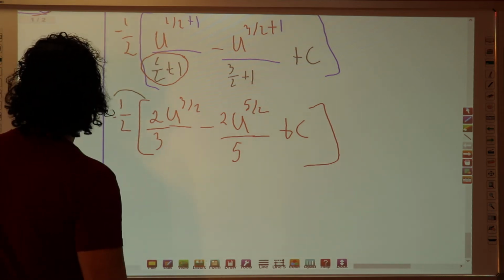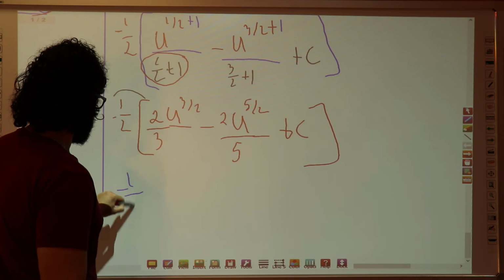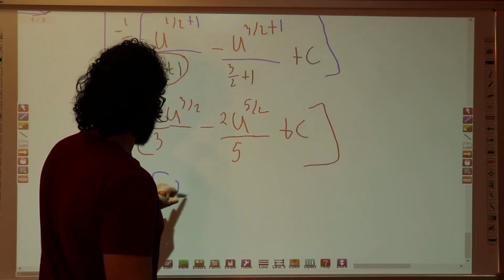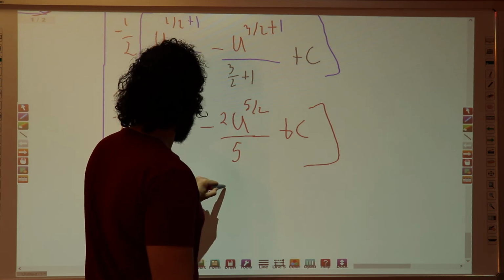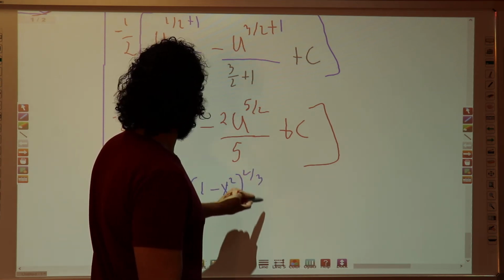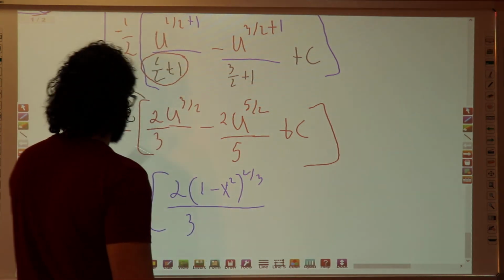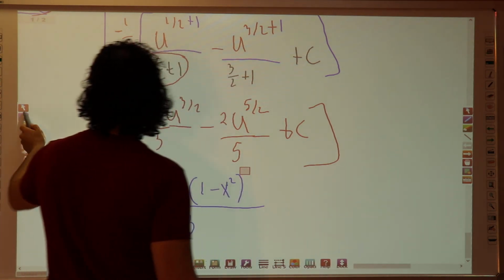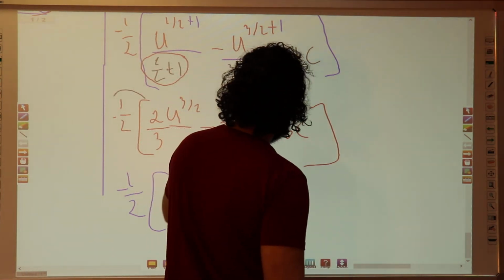The last step: negative half, leave it outside. Open bracket, 2/3 first. Use how much? 1 minus x squared, 3/2, not 2/3. Not bad. Minus 2.